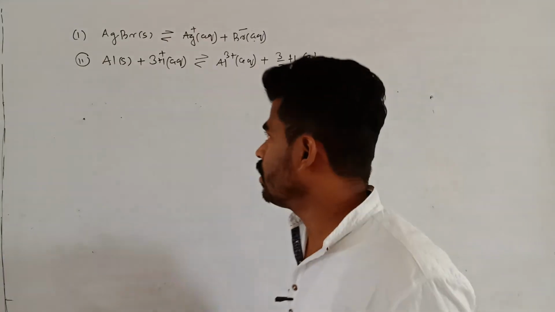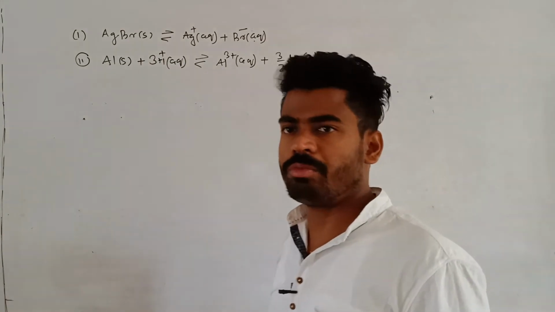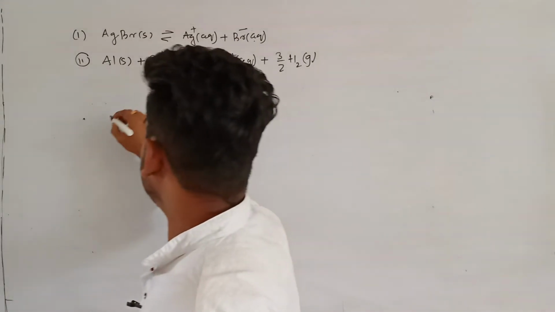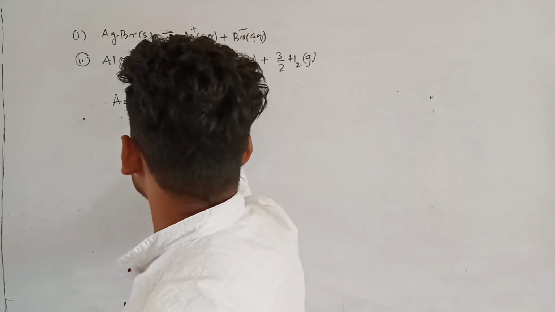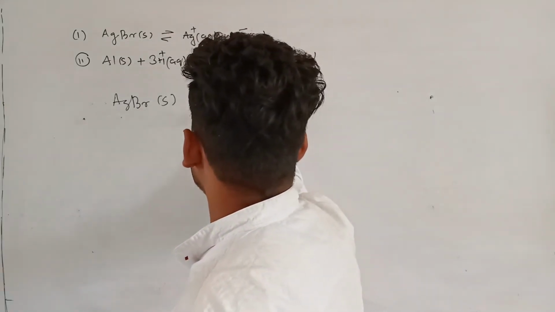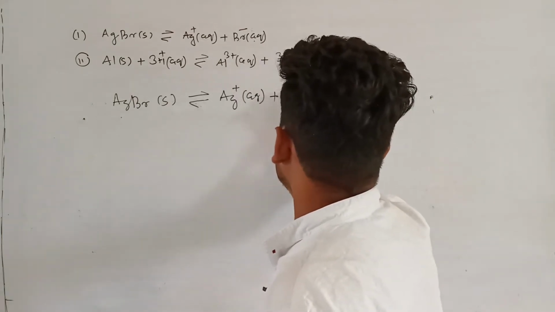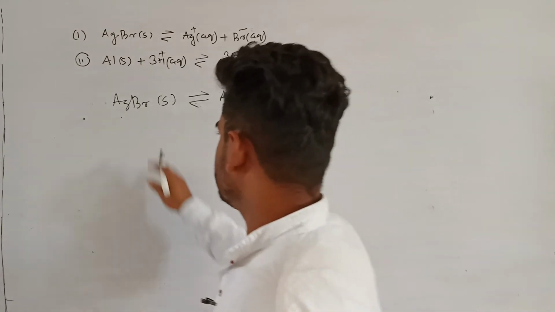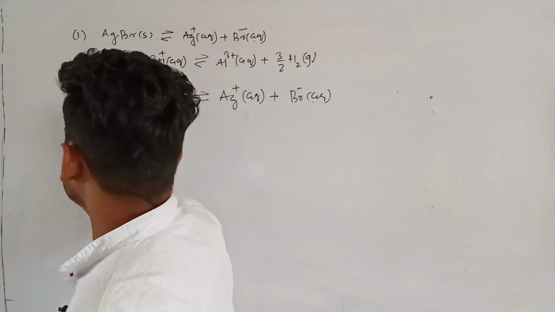Let us write down the expression of the equilibrium constant for these two reversible reactions. Look at the first one, given as silver bromide solid getting converted into Ag plus aqueous plus Br minus aqueous. In a better way, this silver bromide is dissolved in H2O liquid.